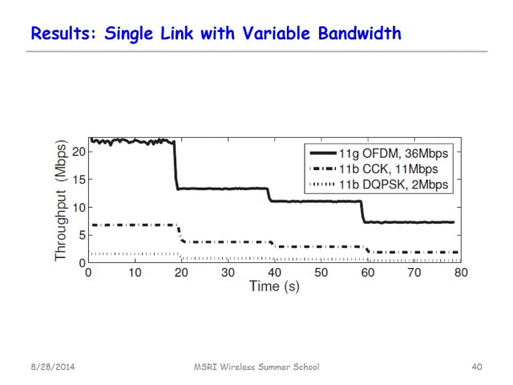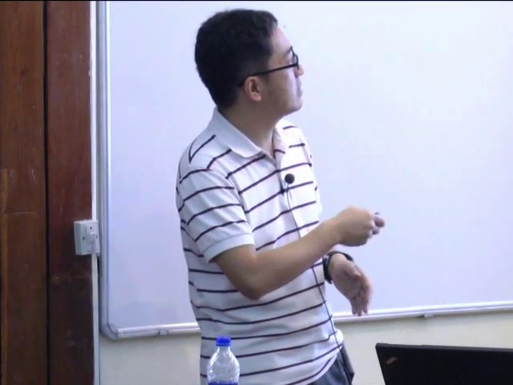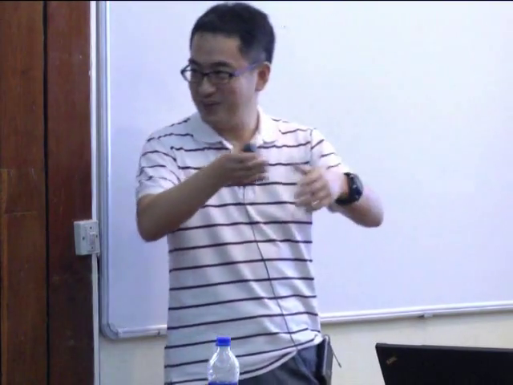So for the single link, in this experiment we basically change the bandwidth. We instruct the sender to change the bandwidth, starting from 20 megahertz, then going to 10, then something lower like 8, and then 5.